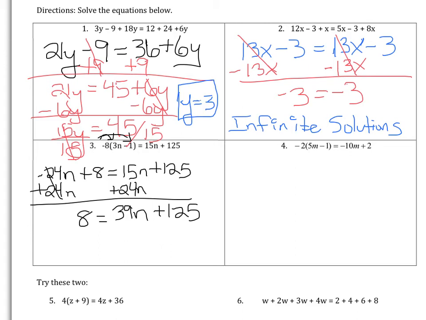Because I moved the n value to the right hand side, I'm going to move the number to the left hand side, so I'm going to subtract 125. 8 minus 125 equals a negative 117.